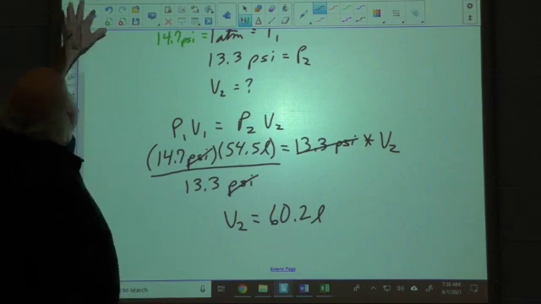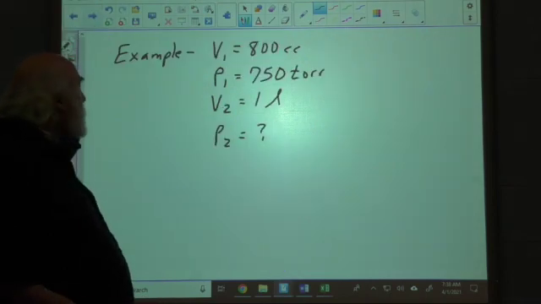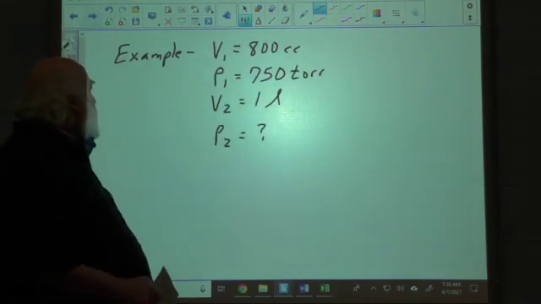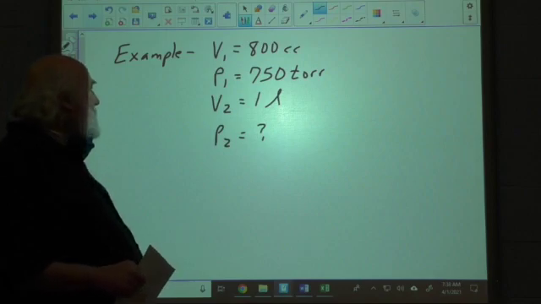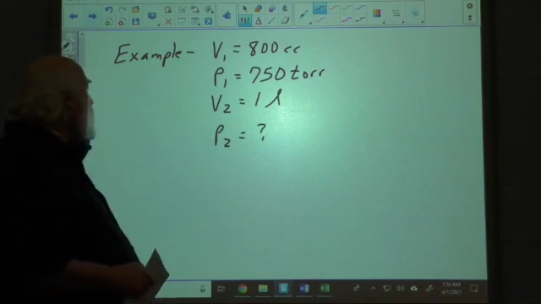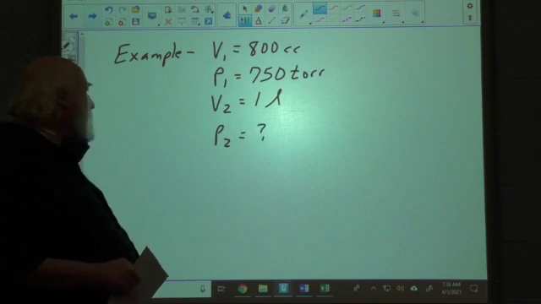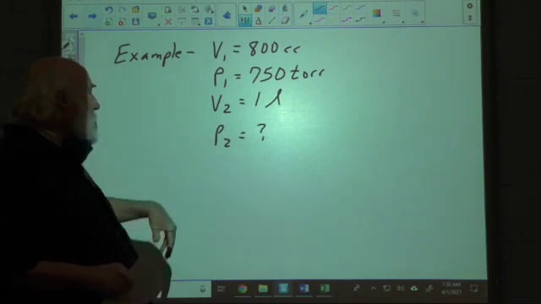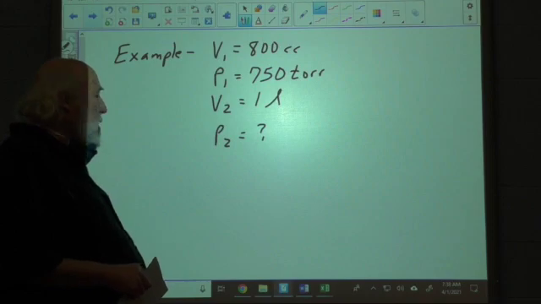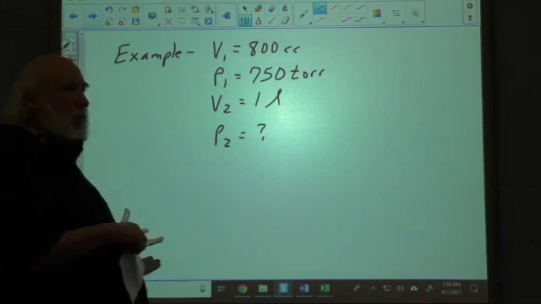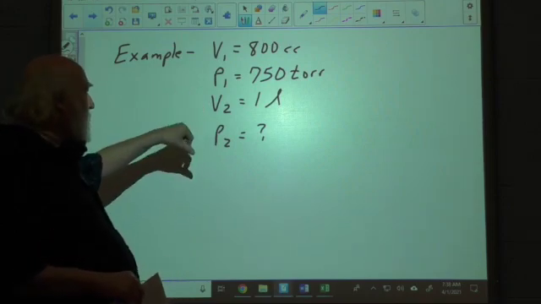All right, second example that we have here. We had 800 cc at 750 torr, and the volume goes from 800 cc to 1 liter. And the question is, what is the new pressure? Now, what I should have done with the previous example is talk through that a little bit. I'm going to do that here.